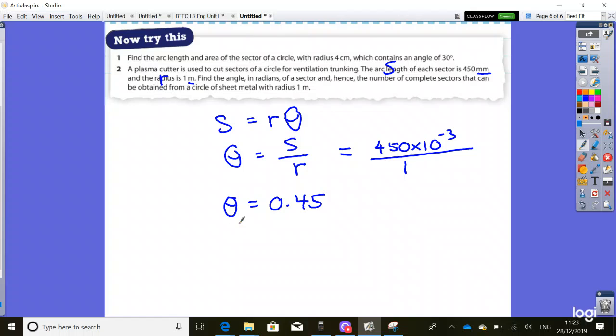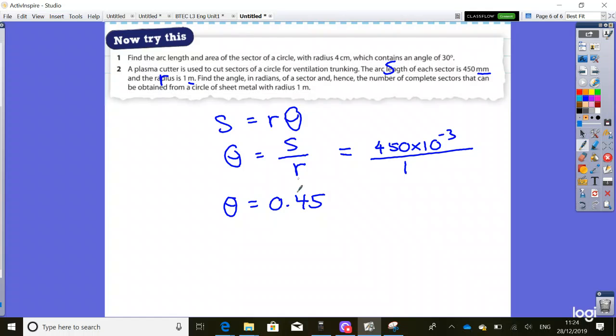That means how many 0.45s fit in? The radius is 1 metre now, the arc length is 450 millimetres. Let me think: find the angle in radians of a sector, and hence the number of complete sectors that can be obtained from a sheet metal of radius 1 metre.